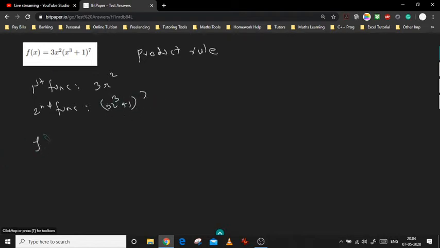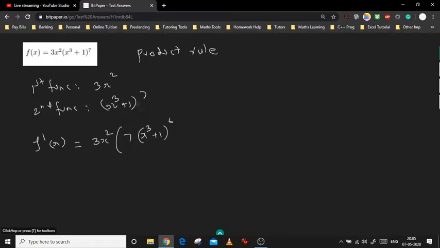So therefore f dash of x is equal to, take the first function and multiply with the differentiation of the second function. If I do that, it will be 7 times x cube plus 1, applying the power rule, power 6. And then it's not a simple function, it's a composite function.